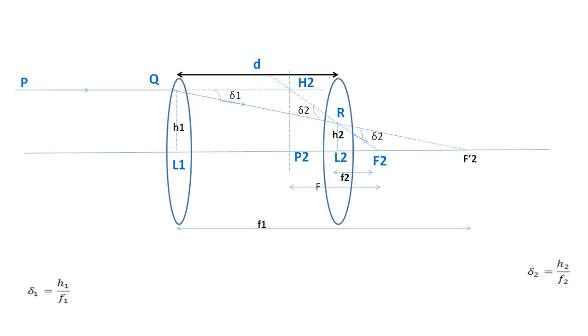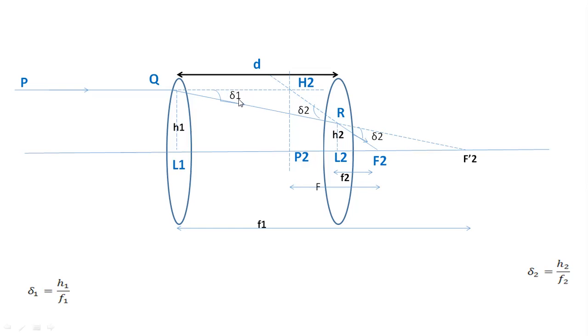Already I have told you, we get a triangle H2QR. We have the interior angles delta 1, the deviation produced by the first lens, and delta 2, another interior angle, the deviation produced by the second lens.